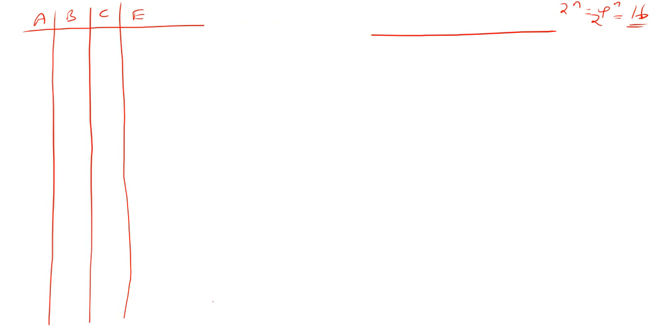So we have those inputs, so we are going to make 16 rows. Let's make our 16 rows. We can start with zeros.